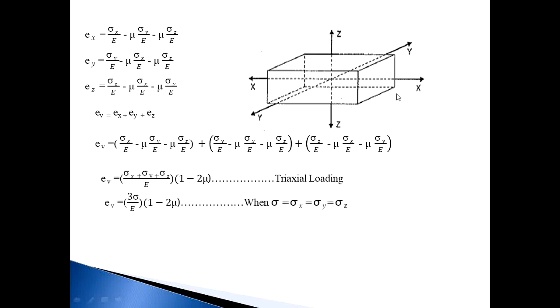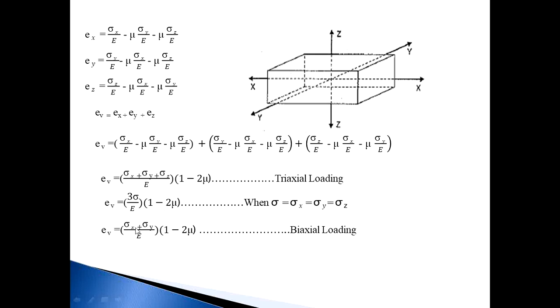If sigma X, sigma Y and sigma Z, all three stresses, are the same, then this formula reduces and is written as 3 sigma upon E, in bracket 1 minus 2 mu, where sigma is equal to sigma X is equal to sigma Y is equal to sigma Z. Then when loading is biaxial, it means the Z term is absent, or load is applied only on X and Y. So the formula just removes the Z term, leaving sigma X and sigma Y; this is the linear and this is the lateral when you consider X, and when you consider Y, this is the linear and this is the lateral.